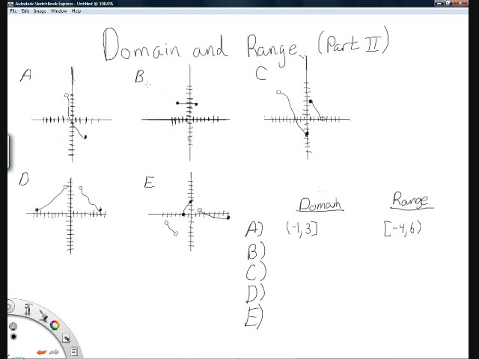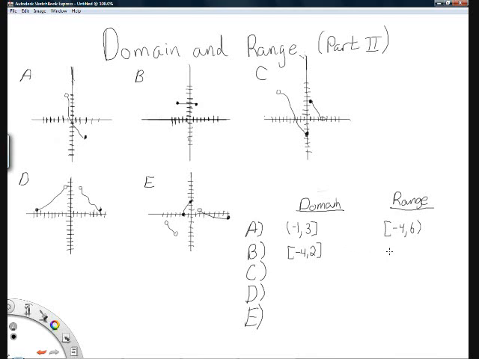For B here, domain looks like it goes from -4 to 2, both included. So we are going to write bracket -4, comma 2 to represent that's included. And for range, all that the range is on this one looks like it's exactly at 4.